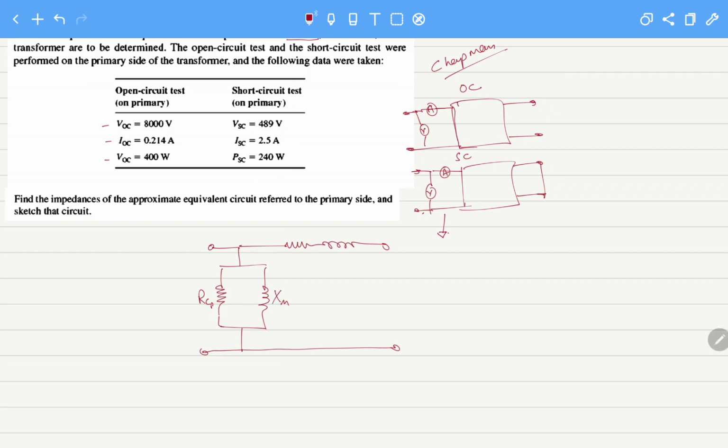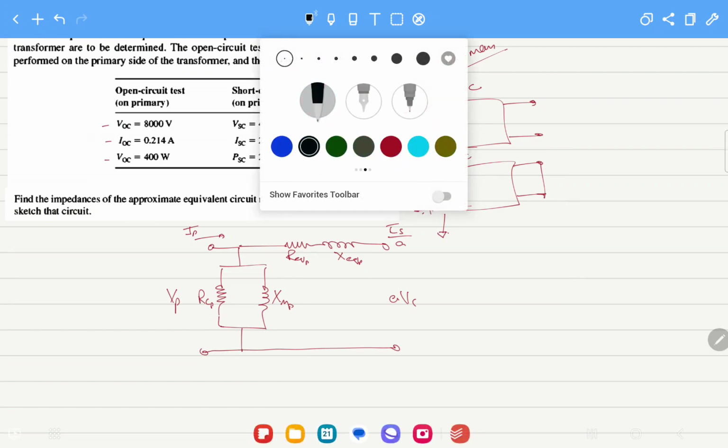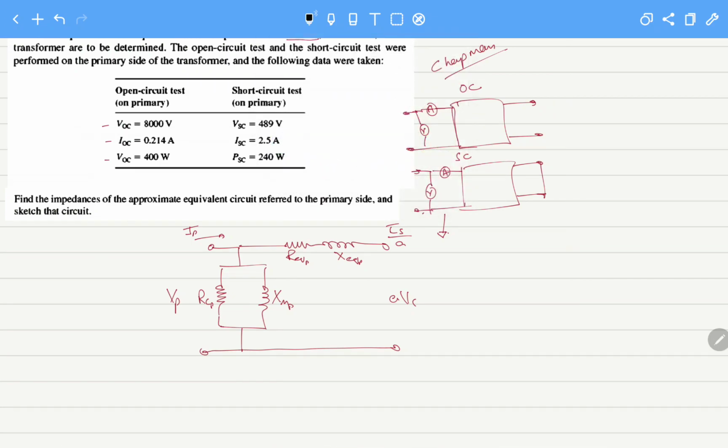This will be XM, and this is R equivalent P and X equivalent P. What I mean by reflected to the primary side is that our transformer model is reflected like this, where the secondary is being reflected towards the primary side. So we have to calculate the values of all these elements, and I will not be solving everything, but this is very similar to what we have previously done.